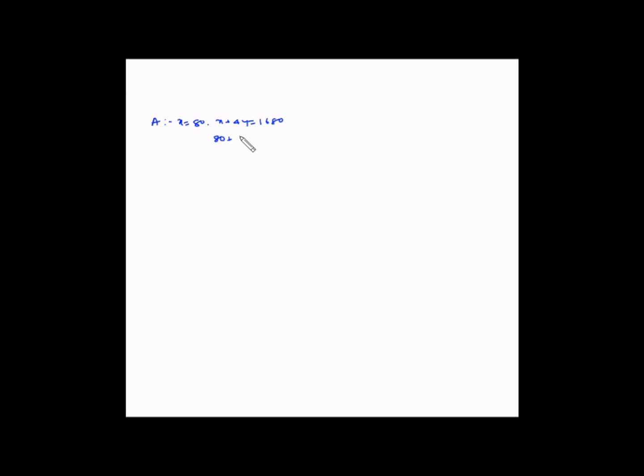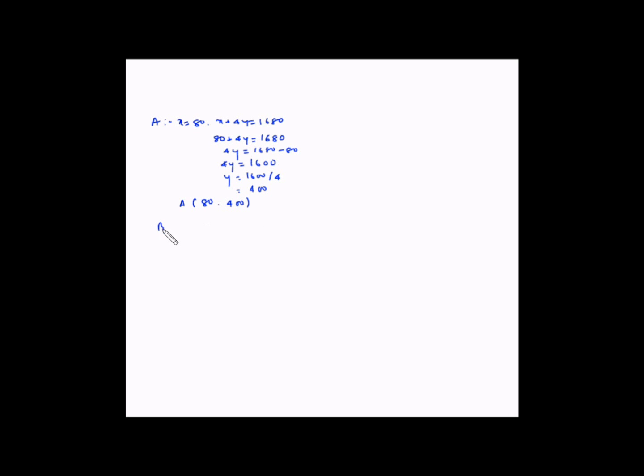So 80 plus 4y is equal to 1680. 4y is equal to, bringing 80 on this side, so 1680 minus 80 is equal to 1600. Y is equal to 1600 divided by 4. This is equal to 400. So the coordinates of point A are 80 and 400.